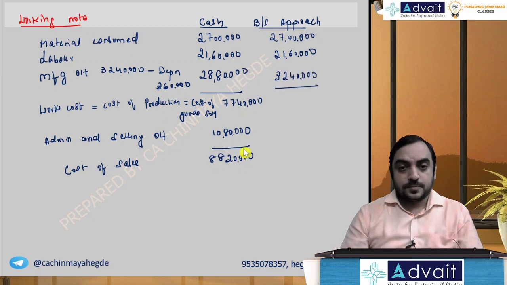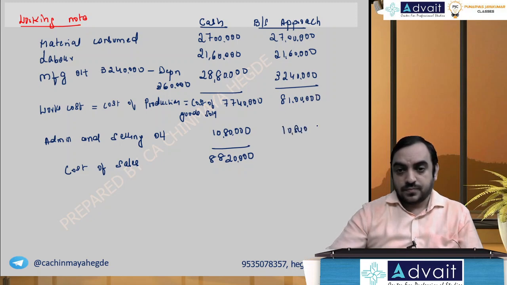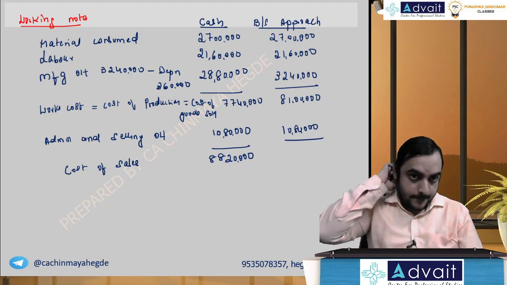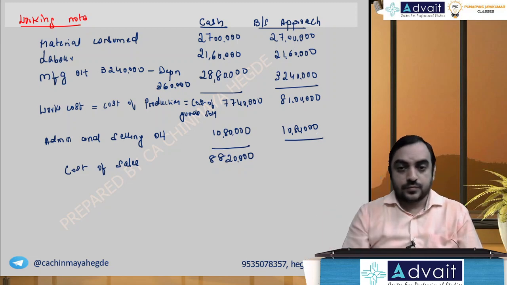So total 81 lakh, plus 10 lakh 80,000, 91 lakh 80,000.